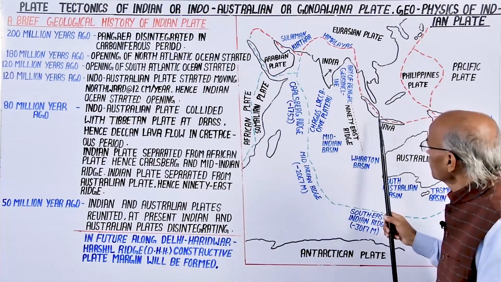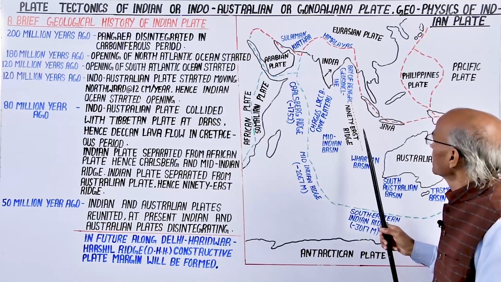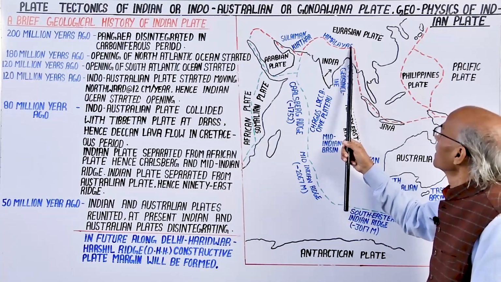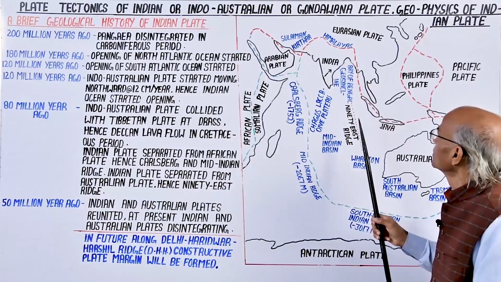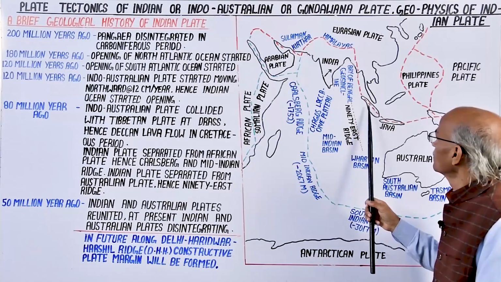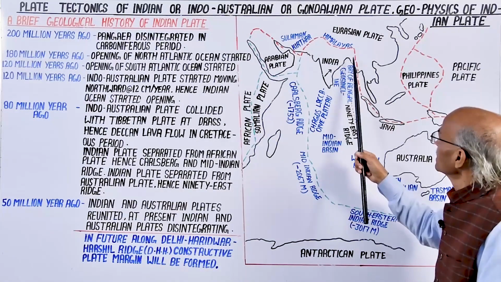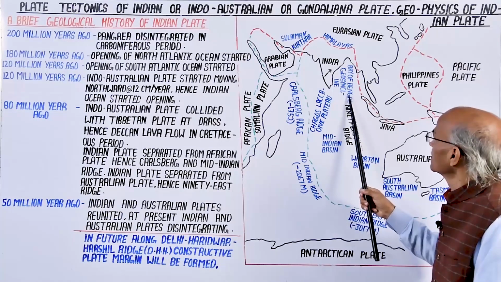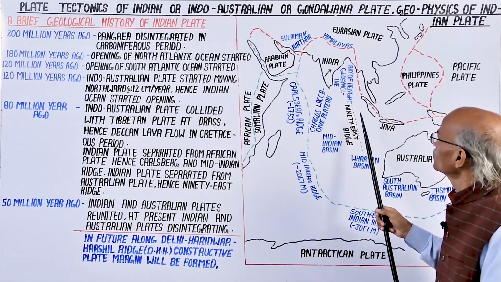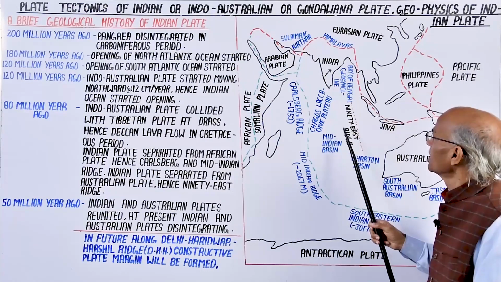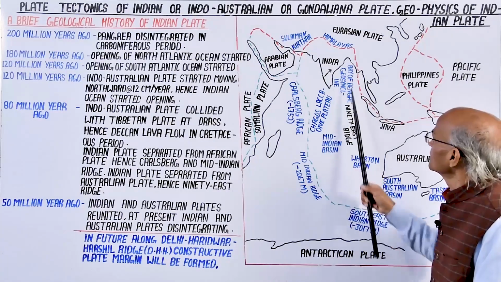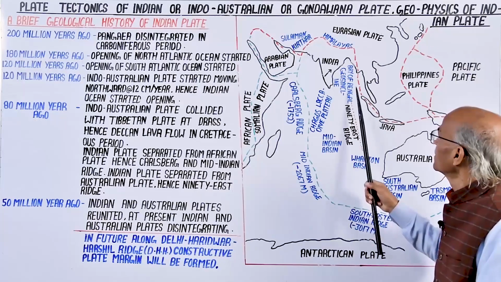But the eastern boundary of the Indian plate, which we are studying at present, is demarcated by the Arakan Yoma mountain, which has two branches, one moving towards the southeast passing through Sumatra, Java and Borneo, the next along the 90 East Ridge, and the 90 East Ridge generally is close to the Andaman and Nicobar Islands, which are located on this plate margin, and this plate margin has now become constructive.